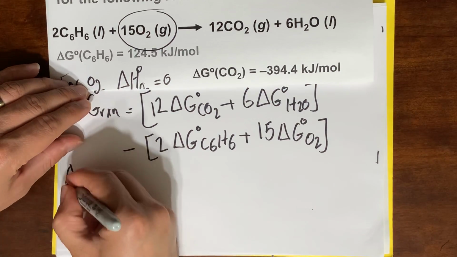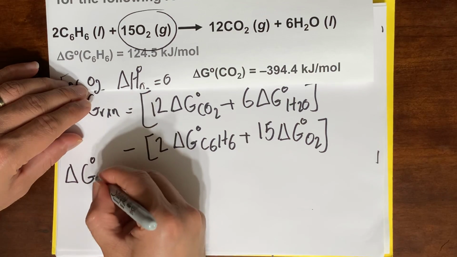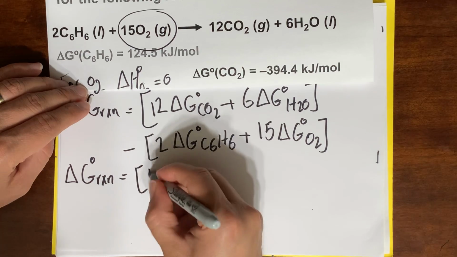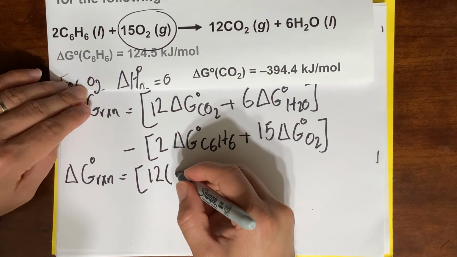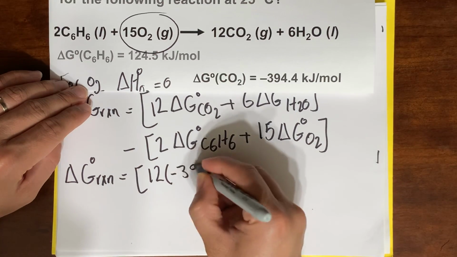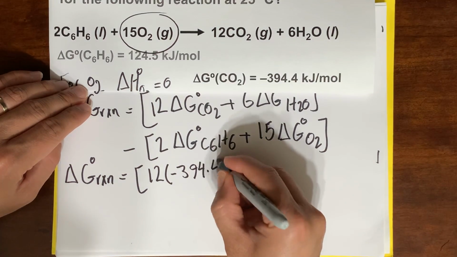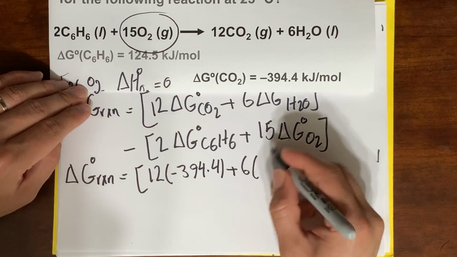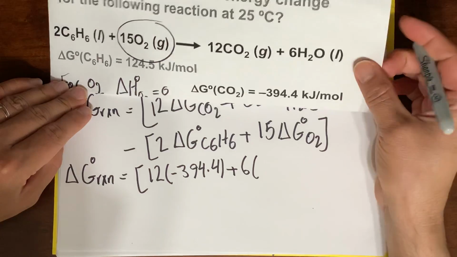So delta G of the reaction under standard condition is going to be equal to 12 multiplied minus 394.4 plus 6 multiplied delta G of H2O.